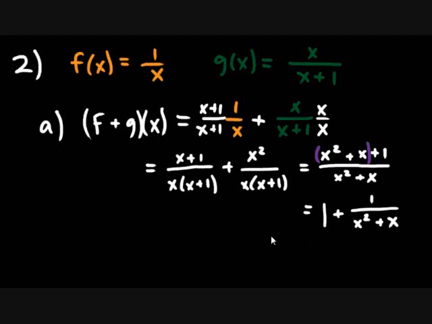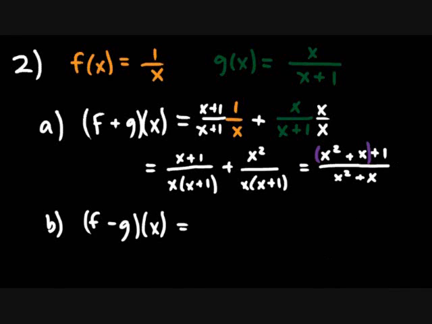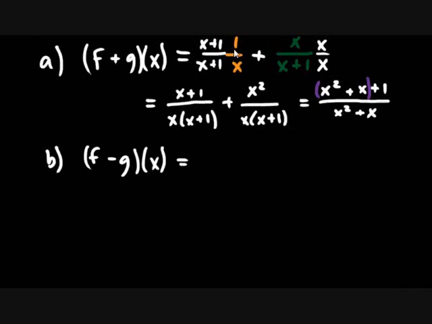For B, which is the difference between f and g, all we have to do is subtract the two functions. Much like part A, we have to get the denominators the same, so we're going to multiply the first term by x plus 1 over x plus 1, and the second term by x over x in order to get the same denominator, so we can subtract them this time.